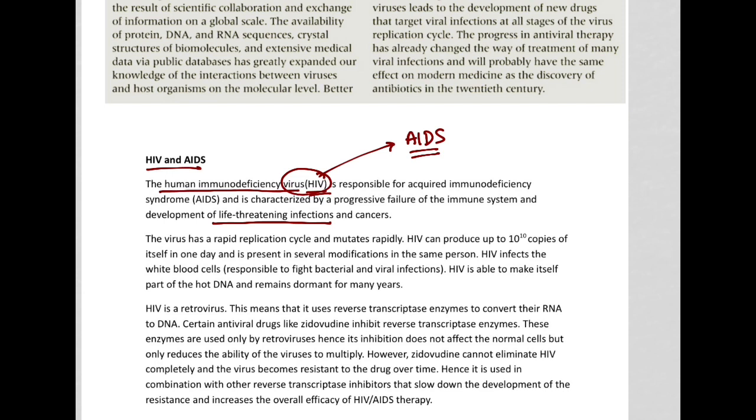So it gives rise to life-threatening infections and cancers because of the progressive failure of the immune system. And once the immune system has been damaged sufficiently, we say that the person has AIDS, acquired immunodeficiency syndrome. When you have a set of symptoms together, we call it a syndrome.